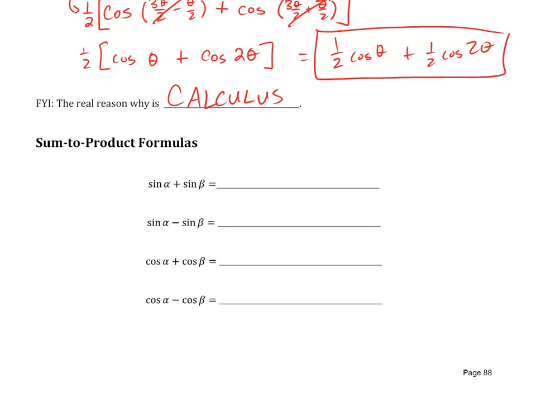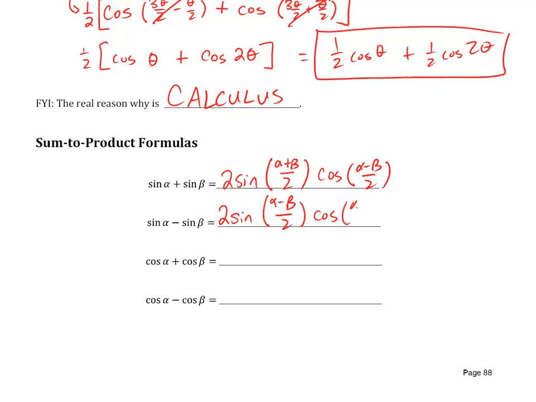What happens here is that the sine of alpha plus sine of beta is equal to 2 sine of alpha plus beta over 2 times cosine of alpha minus beta over 2. Sine of alpha minus sine of beta will always be 2 sine of alpha minus beta over 2 cosine of alpha plus beta over 2.